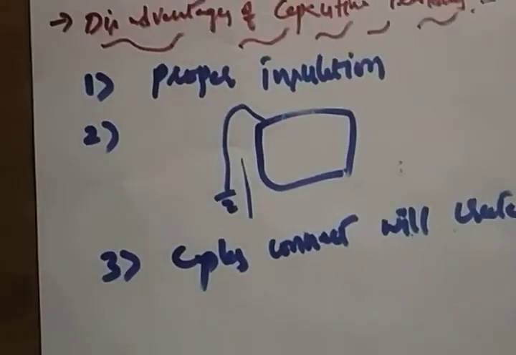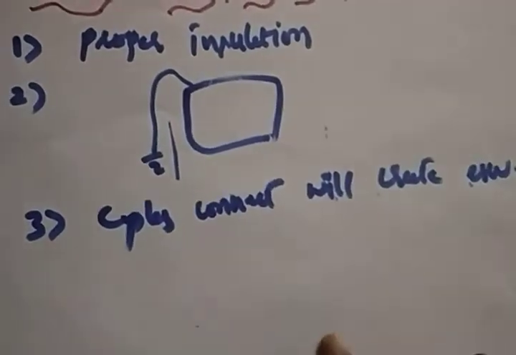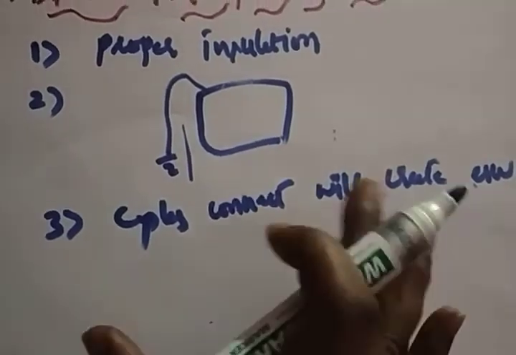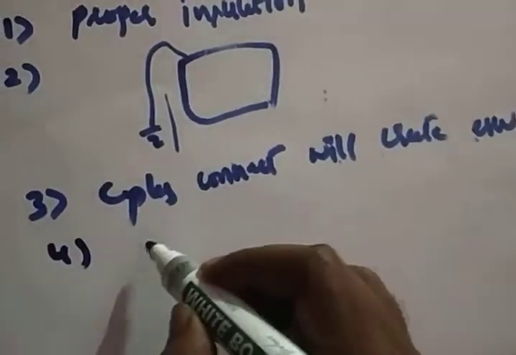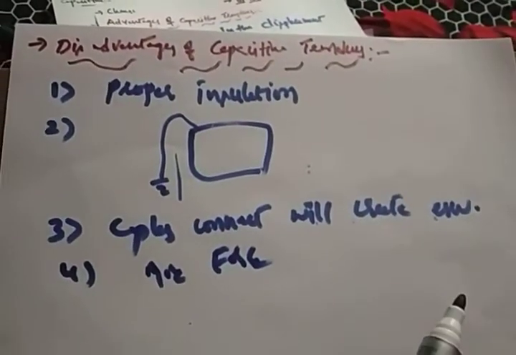These are the disadvantages while using the capacitive transducer. That means while applying a different displacement or distance, we require more force. So these are the disadvantages of capacitive transducers.